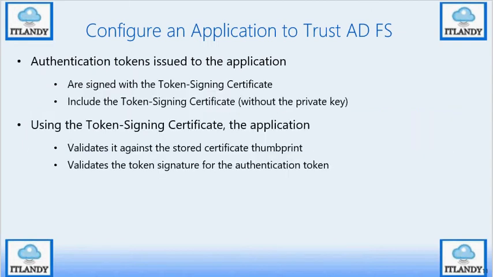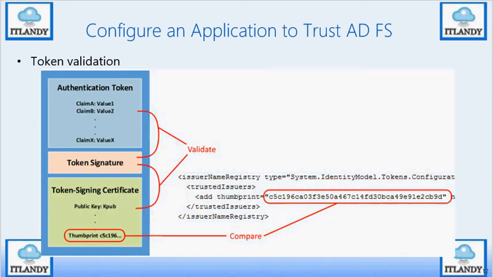Then the authentication token issued to the app is signed with the token signing certificate. It includes the token signing cert without a private key, using the signing certificate for the application. This will validate it against the stored certificate thumbprint, and validate the token signature for the authentication token. So this is what the token validation will look like for us, and you can see the authentication token, token signature, token signing certificate.